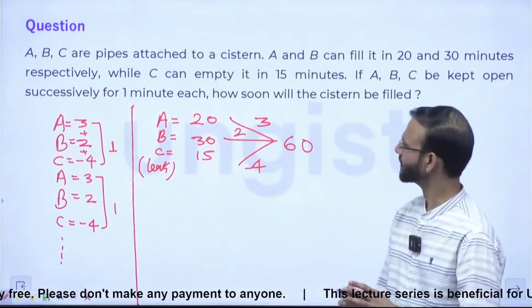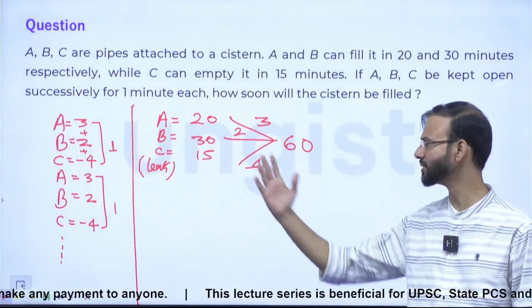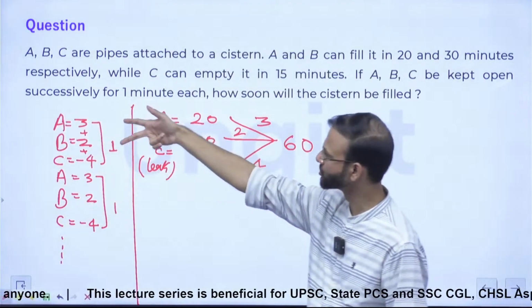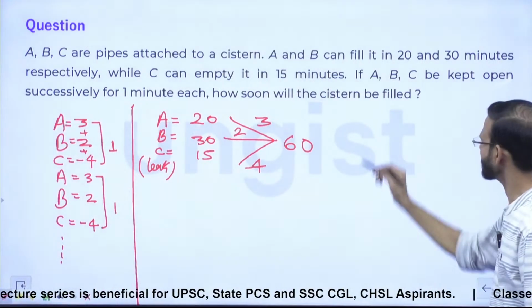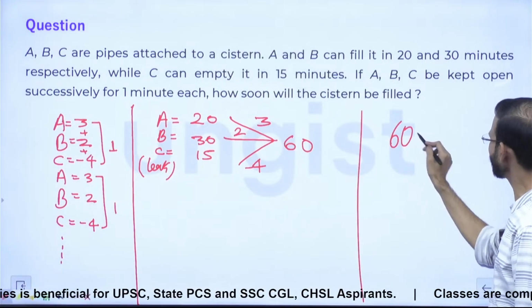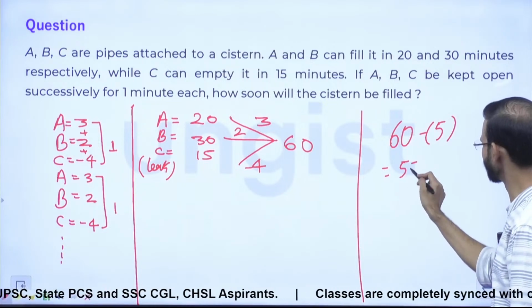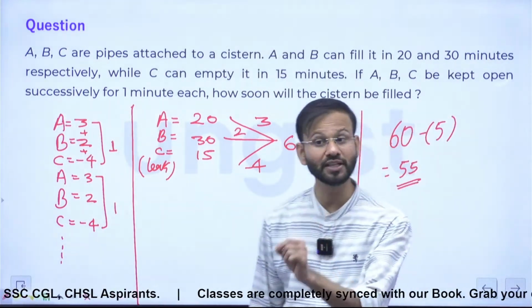Correct? And now guys, just tell me one thing. What is the positive work here? All of you just look at this please. Yes. The positive work is 3 plus 2 and the negative work is 4. Right? So, 60 minus 5 will be 55. So, everyone, you just have to check in what time 55 units will be filled in the tank.